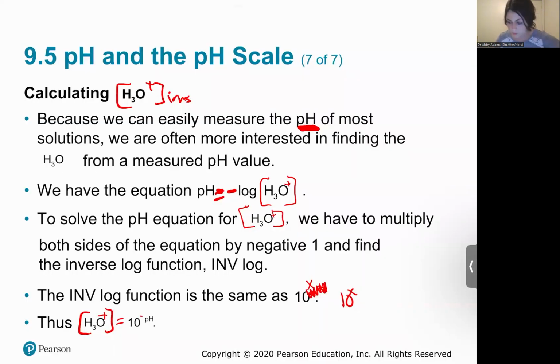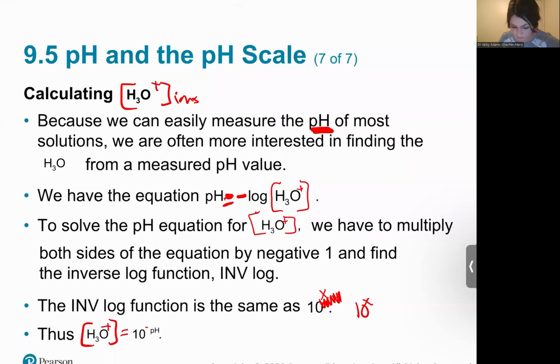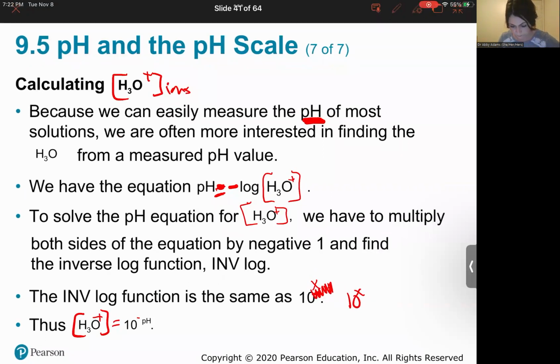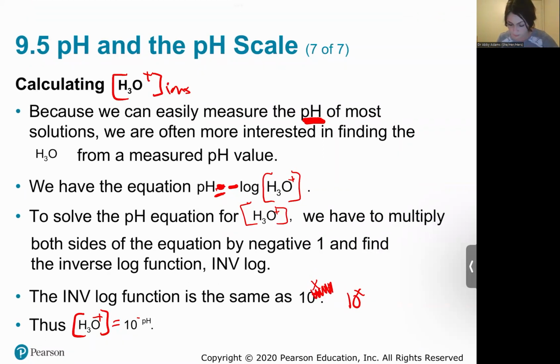So I had to go and fill in these values again. All right, so if you're going to try to figure out the hydronium ions, you want to know that concentration. What you're basically going to do is you'll have your pH equals the negative log of the concentration of your hydronium ions.